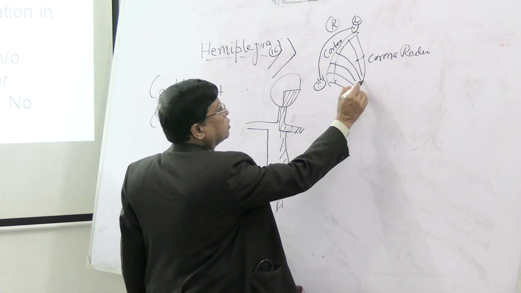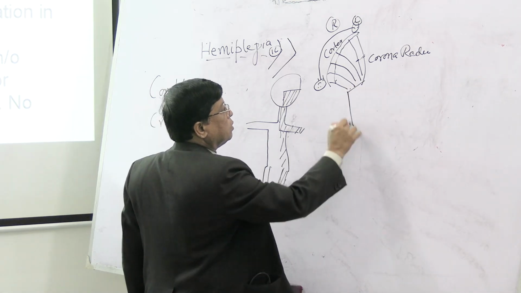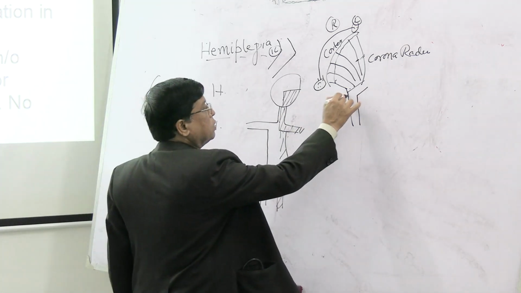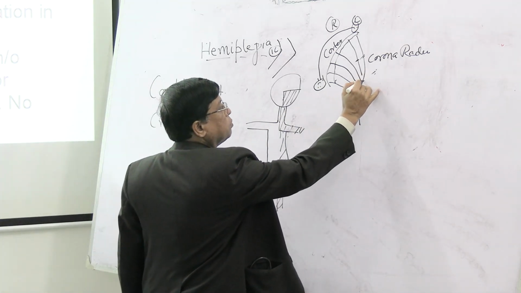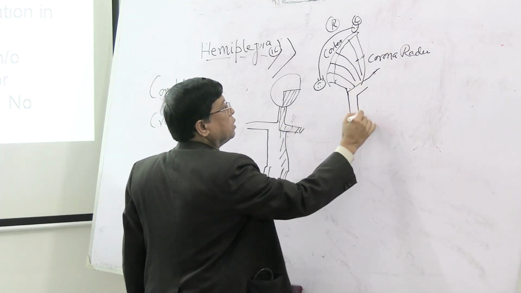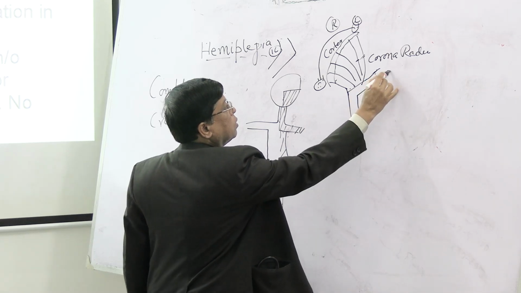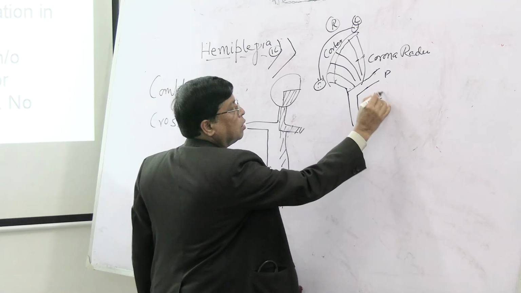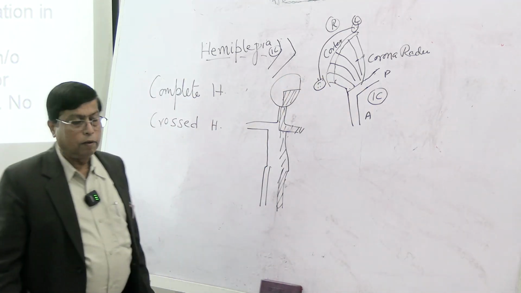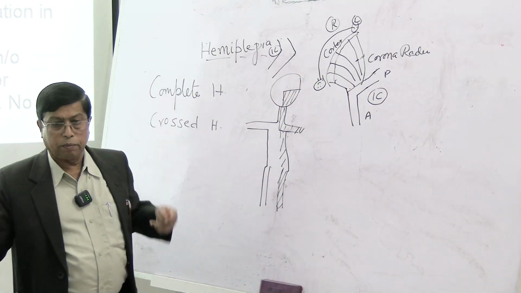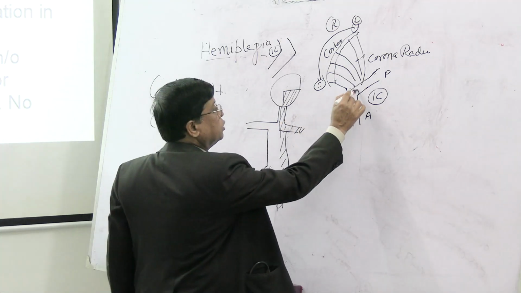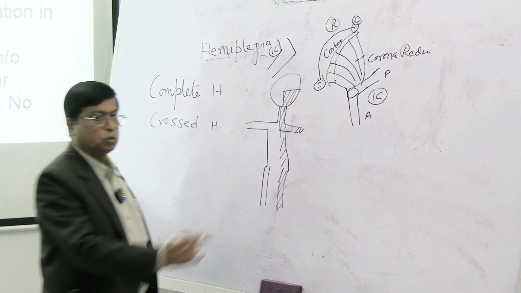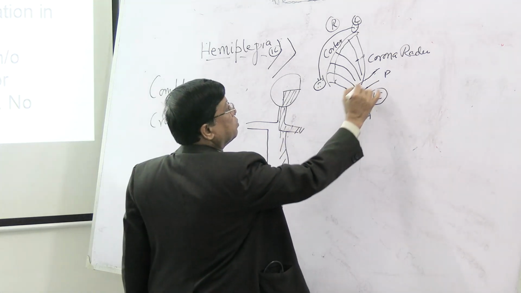Now, these fibers are consolidated in a structure called the internal capsule. Here they are completely compact. This is the anterior limb, this is the genu, and this is the posterior limb of the internal capsule.